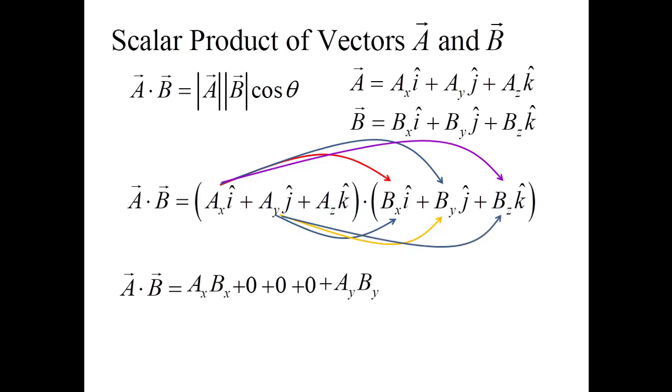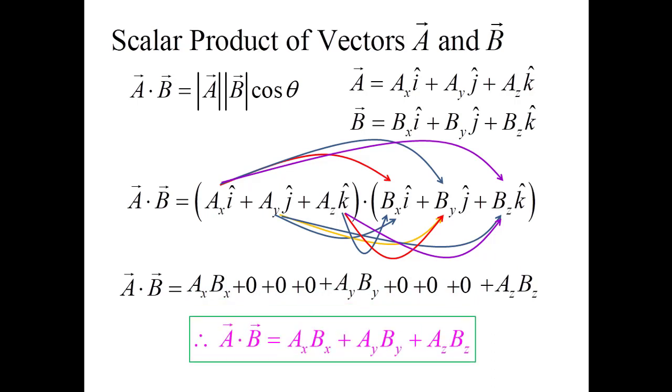AYJ with BZK must be 0. AZK with BXI makes 0 again, and AZK with BYJ is again equal to 0, but now AZK with BZK must be AZBZ. So by eliminating the zeros, we get A dot B is equal to AXBX plus AYBY plus AZBZ.